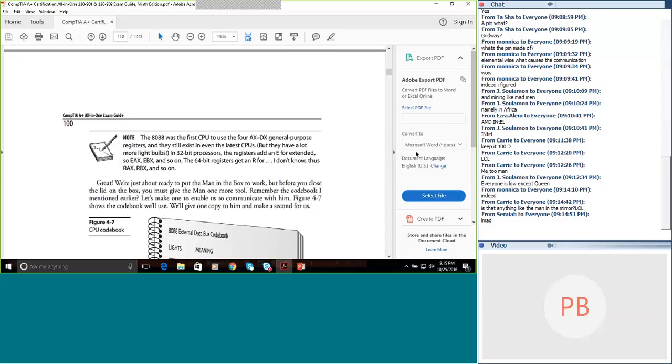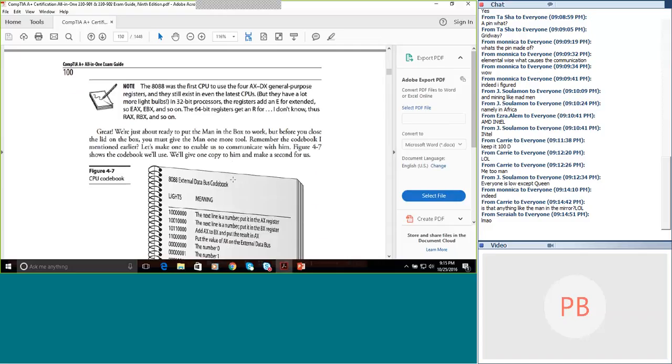This note says the 8080 was the first CPU to use the four AX to DX general purpose registers, and they still exist in even the latest PCs. In 32-bit processors, the registers add an E for extended, so EAX, and for 64-bit registers, they get an R.